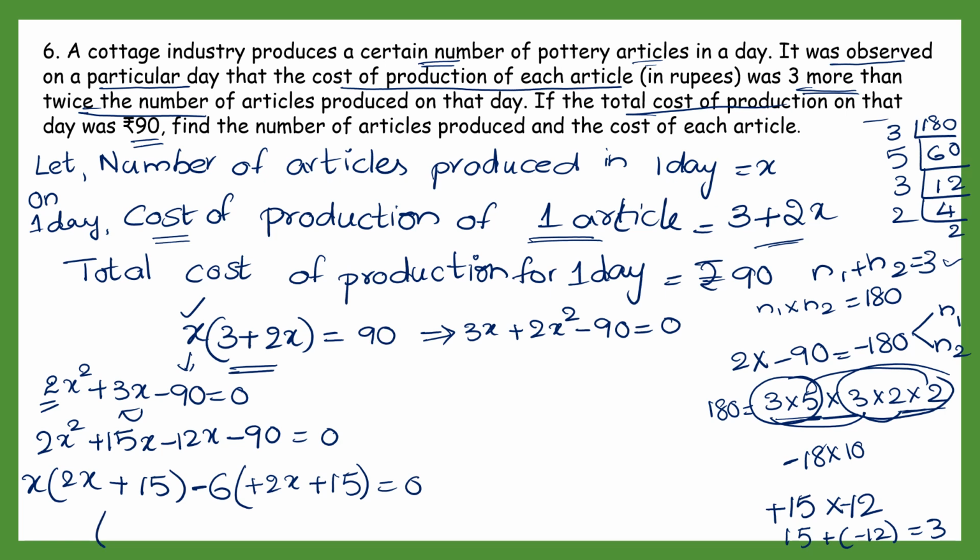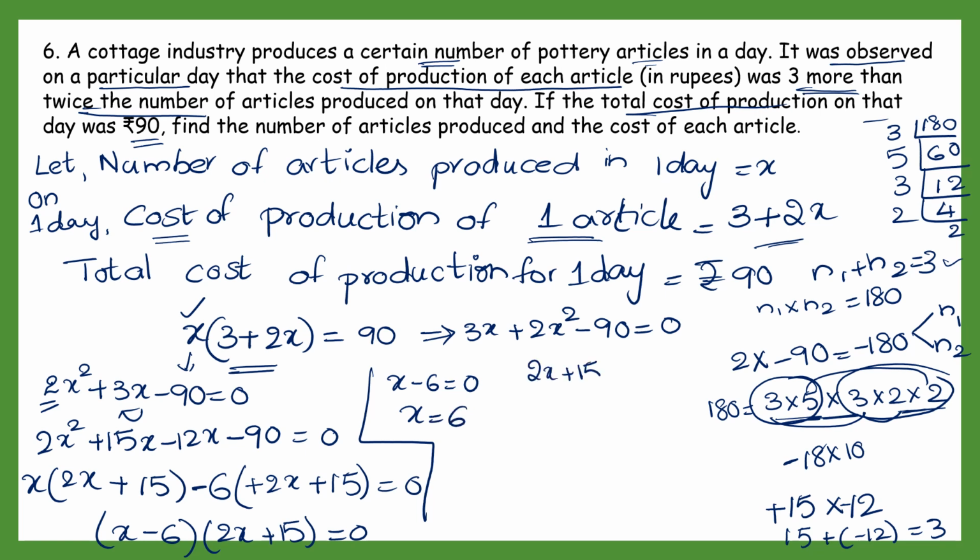So the factors you get are x minus 6 and 2x plus 15 is equal to 0. x minus 6 is one factor, x minus 6 is equal to 0, then you get x is equal to 6. The other one, 2x plus 15 is equal to 0, 2x is minus 15, x is equal to minus 15 by 2.